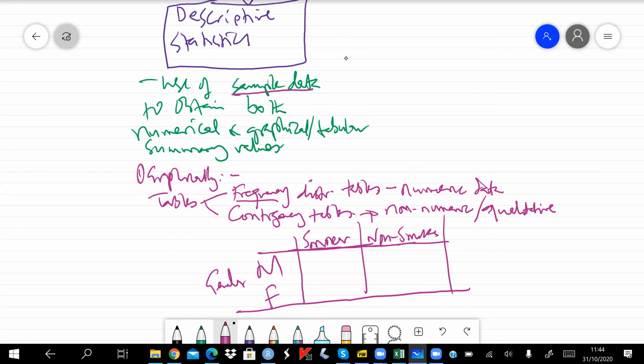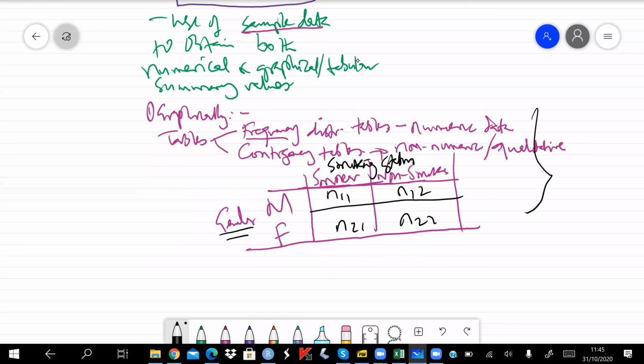It's called a two-way table, where we have only two variables, where the first variable is the gender of the person, and the other one is the smoking status. Smoking status here is a qualitative variable, just like gender. So what you end up with here are the counts. Maybe you can call them N11, N12, N21, and N22. So that's a contingency table. This forms part of descriptive statistics.